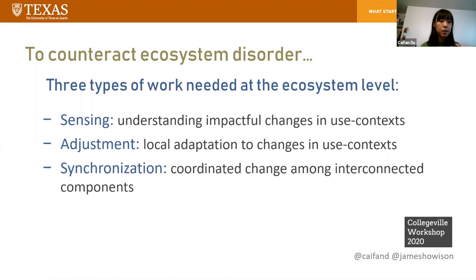Essentially, you made a change in your local software assemblage, and then you need to coordinate that change with other interconnected components, so all the involved components can make changes at a coordinated pace. That will mitigate the issue raised by the difference in the frequency and the pace of component change.